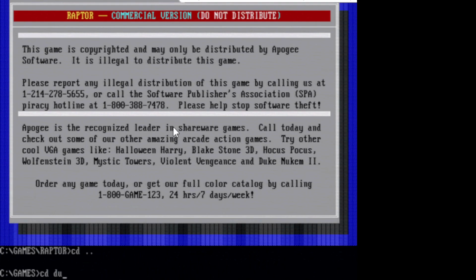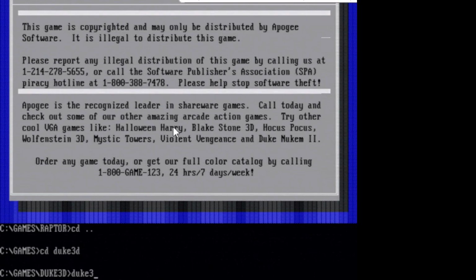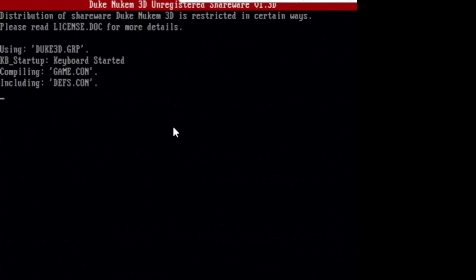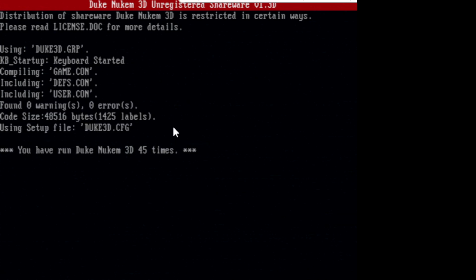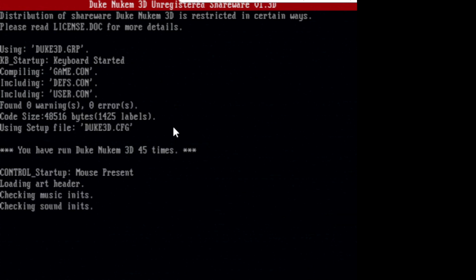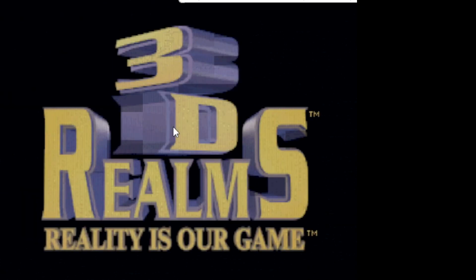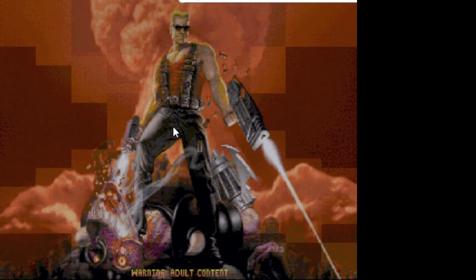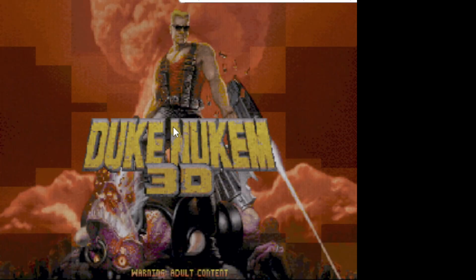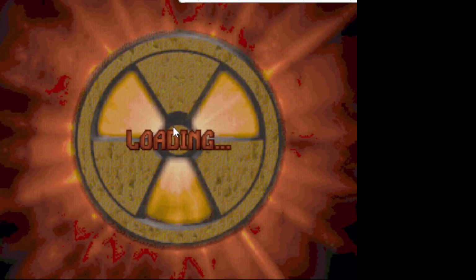Let's see if my Duke3D works. Some of these games work without this mode, like Duke3D might be one of them. I guess some of the games were corrected after the fact to properly handle interrupts, so that it wouldn't be an issue on Microchannel. Yeah, so we got sound.